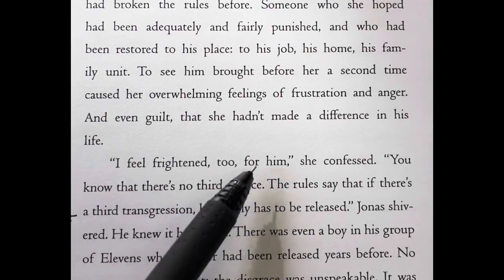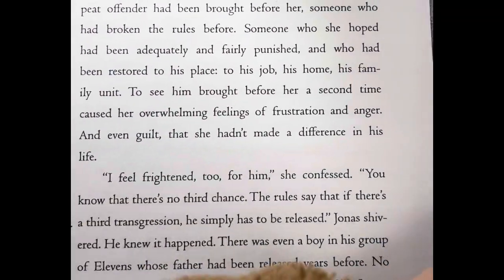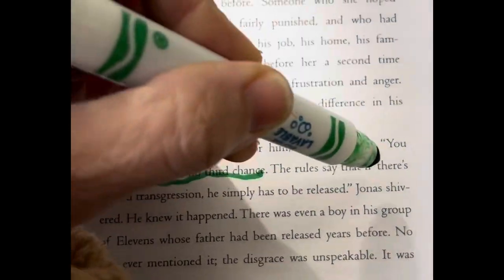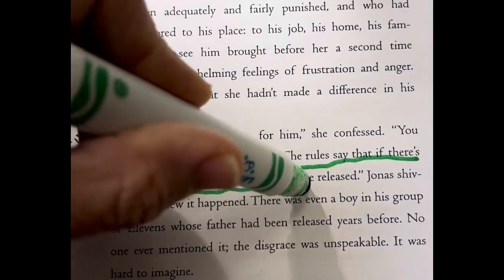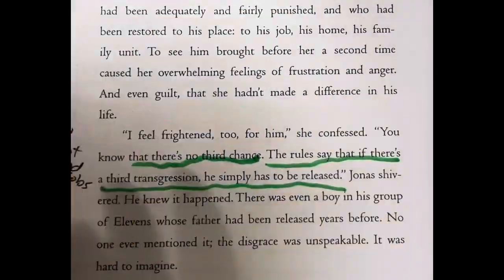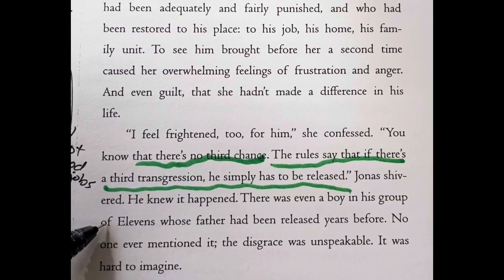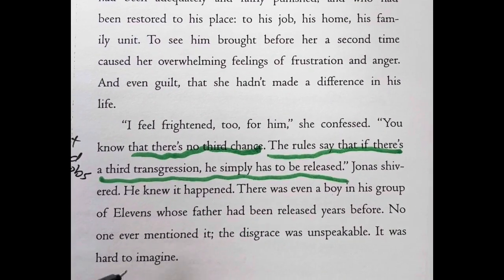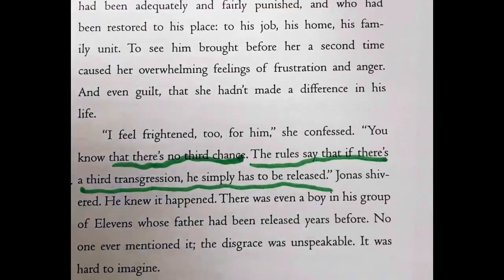I feel frightened too for him, she confessed. You know there's no third chance. The rules say that if there's a third transgression, he simply has to be released. Jonas shivered. He knew it happened. There was even a boy in his group of 11s whose father had been released years before. No one ever mentioned it. The disgrace was unspeakable. It was hard to imagine.